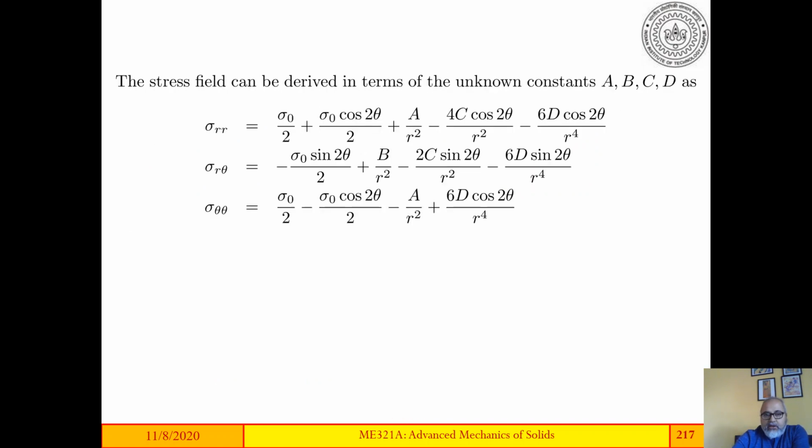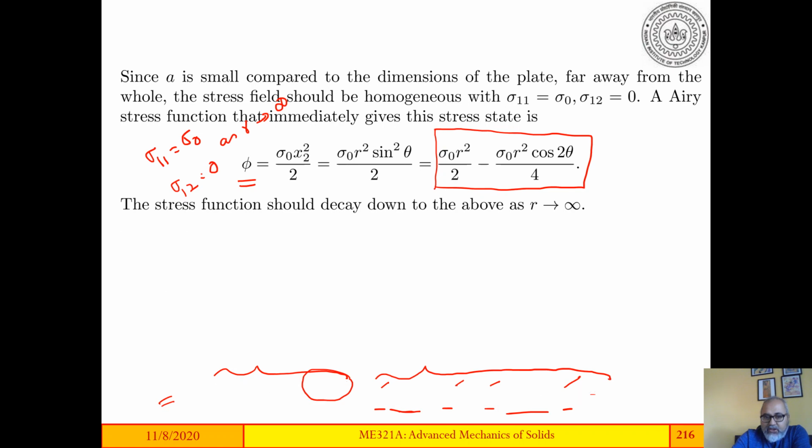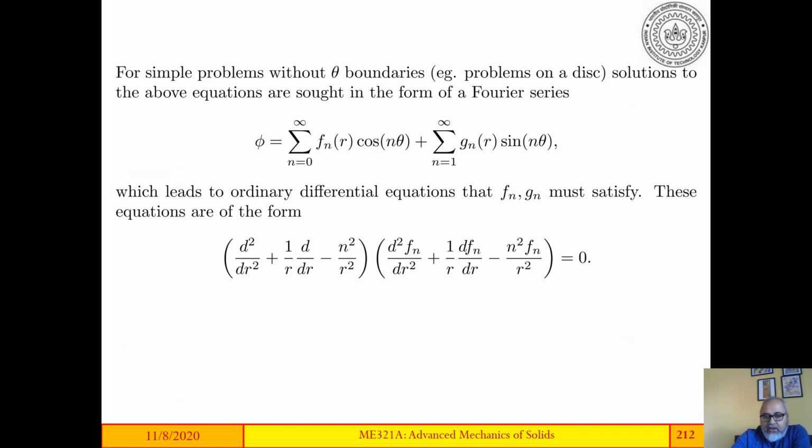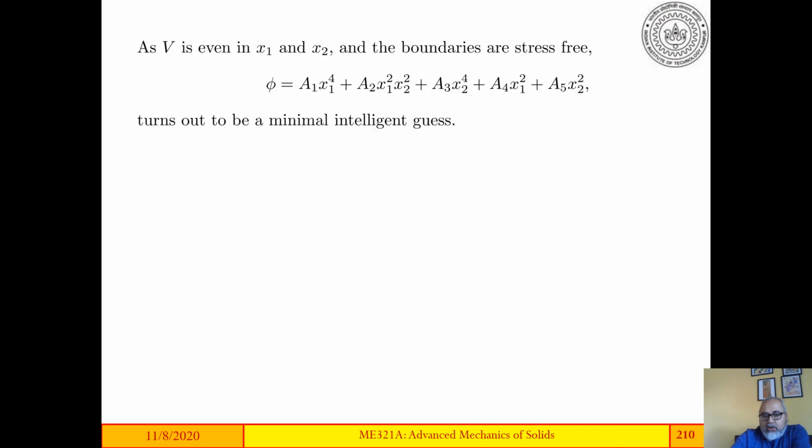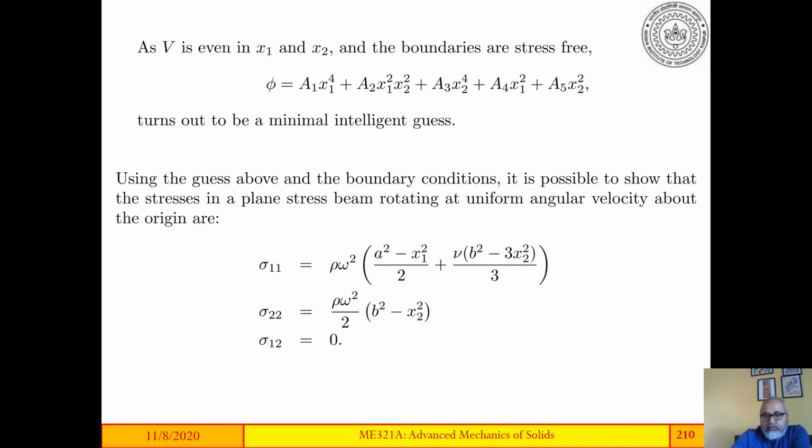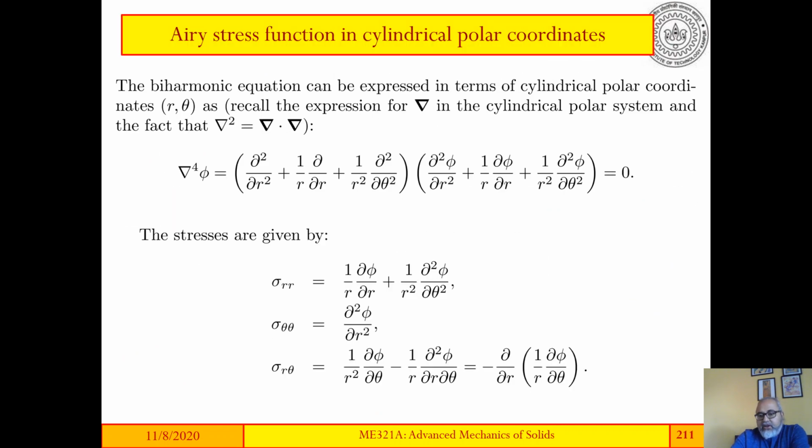And now from this I can determine the stresses. These are just determined by taking derivatives of this and plugging it into these equations. I determine the stresses.